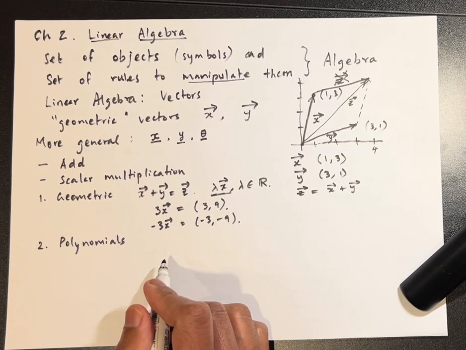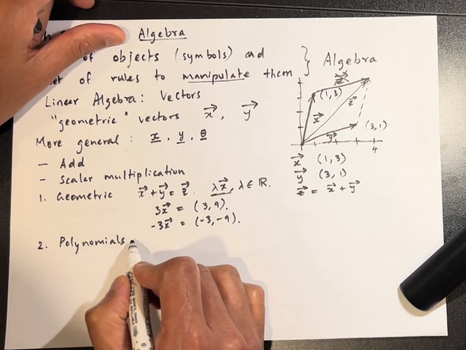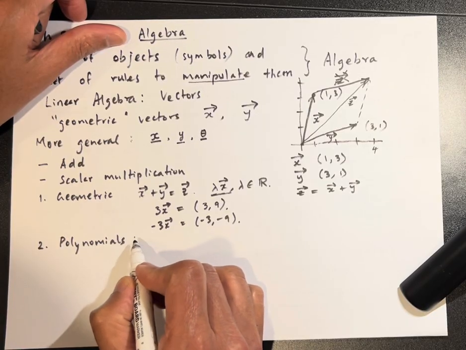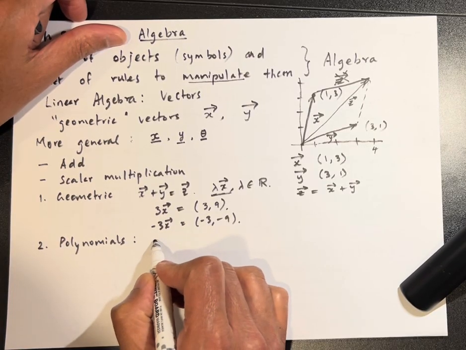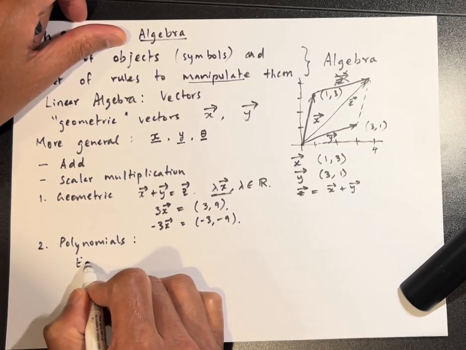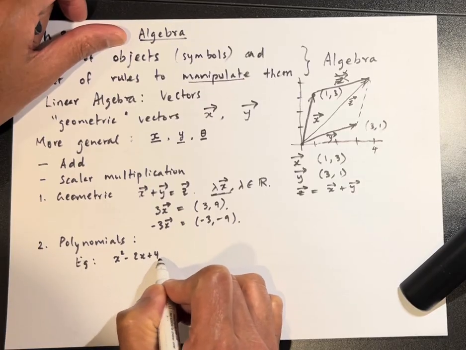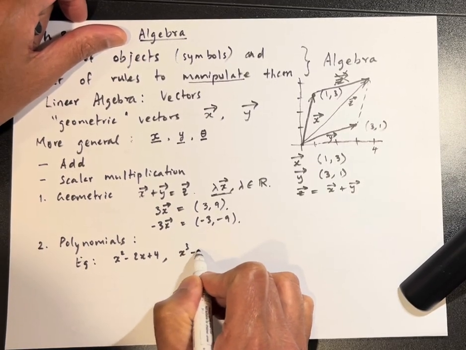two polynomials can be added, right? Any two polynomials, you know that you can add them. Let's take an example where I have x square minus 2x plus 4, one polynomial, and another one is x cube minus 1.